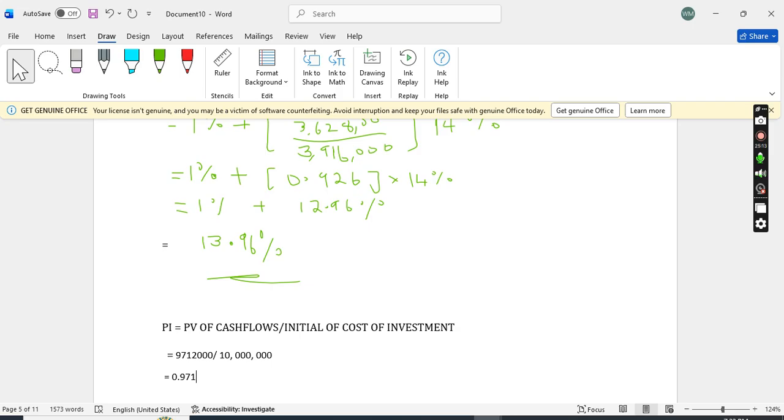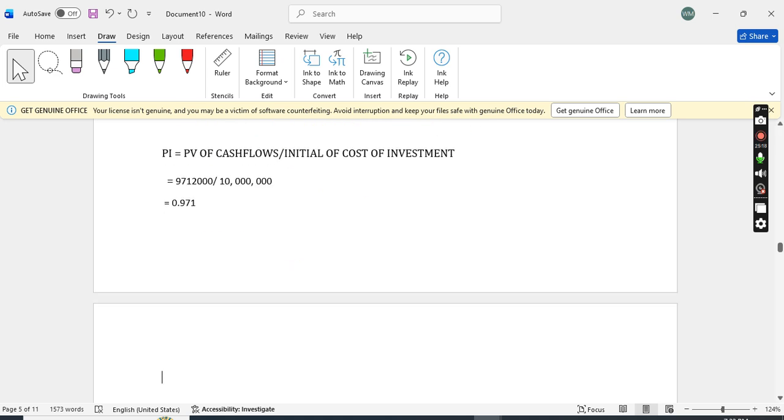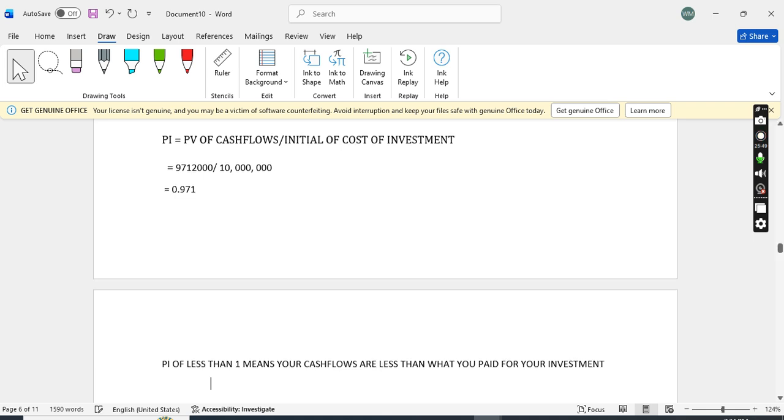So can you repeat the statement you were just saying? A PI of less than 1 means your cash flows are less than what you paid for your investment. The money that you've got back from your investment is less than what you actually paid for it.